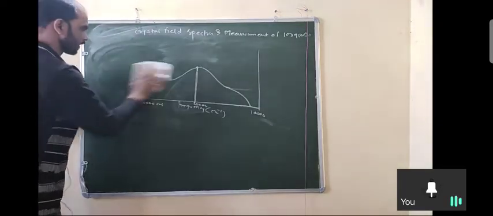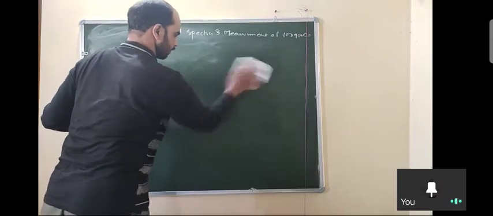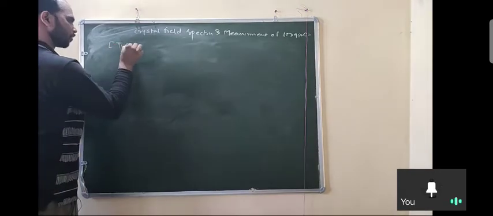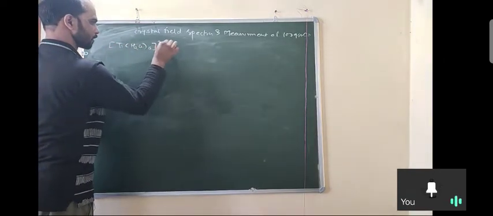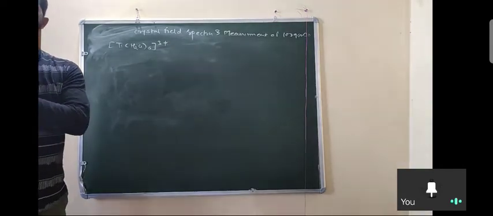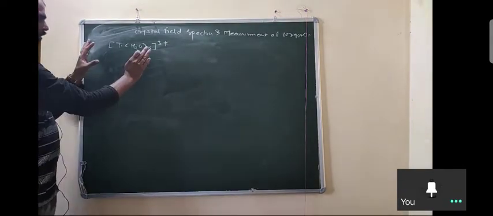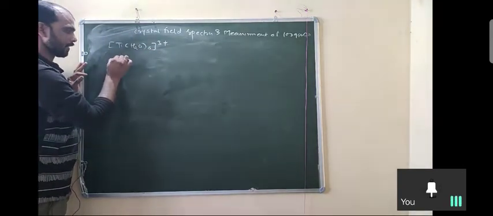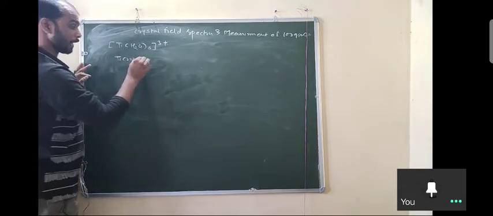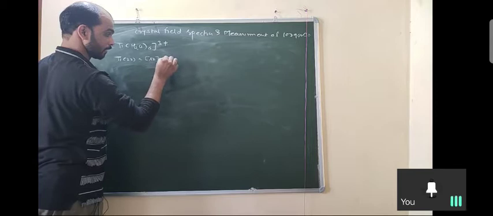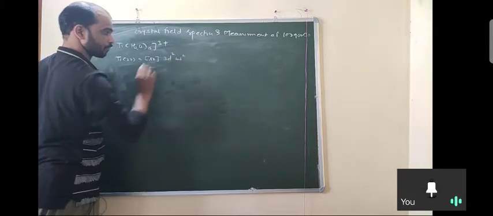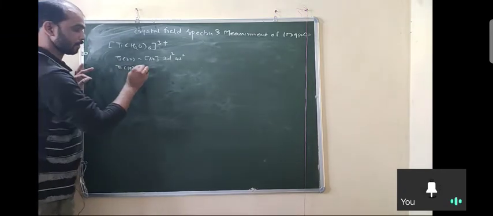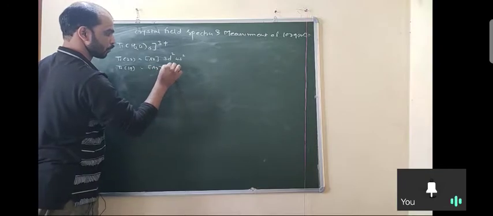For that we consider a simple example, titanium [Ti(H2O)6]3+. If we draw the splitting of this, titanium has atomic number 22, electronic configuration [Ar] 3d2 4s2. In the +3 oxidation state, only 19 electrons remain, so you can write [Ar] 3d1 4s0.